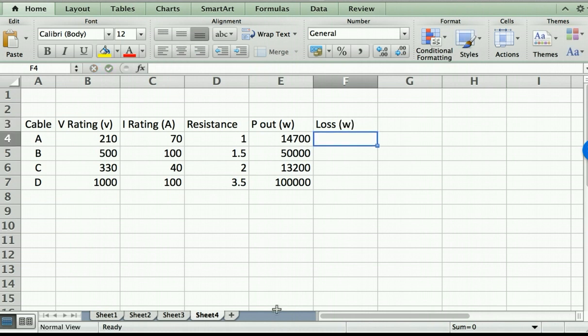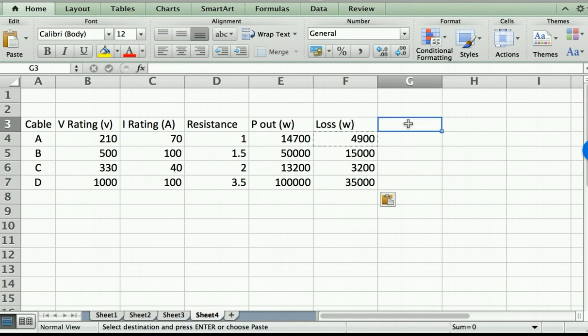What are the losses? This is I square into R. So 70 square into resistance 1 is 4900 watts. That is the loss in the first cable when it is carrying the rated current and the rated voltage. Now I have output and I have losses.